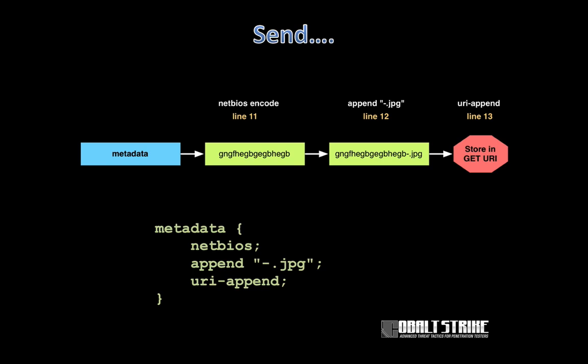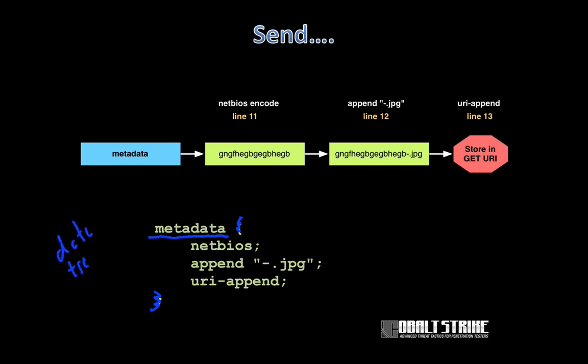I mentioned that transforms, or data transforms, create a contract for how Beacon sends data and how it receives data. Let me explain how that works. Here we have the metadata block. The metadata block is a block, and within it are several data transforms.